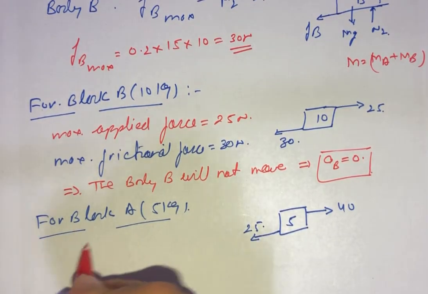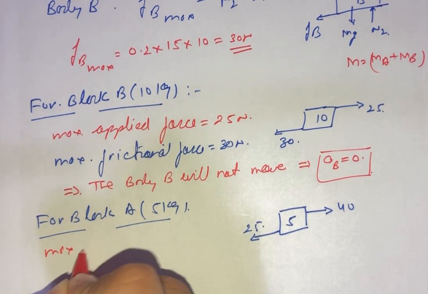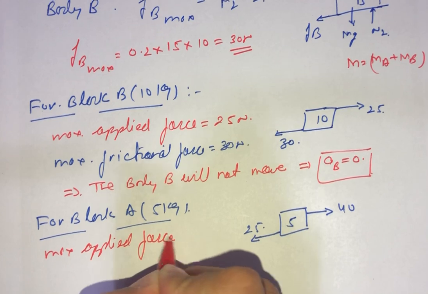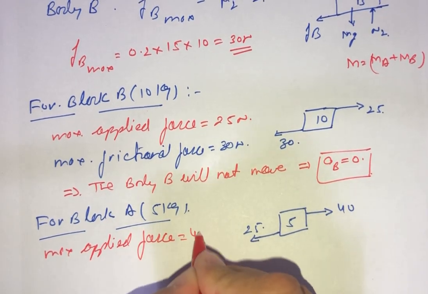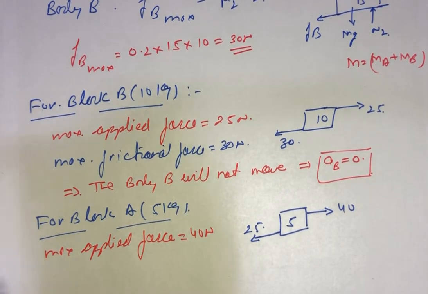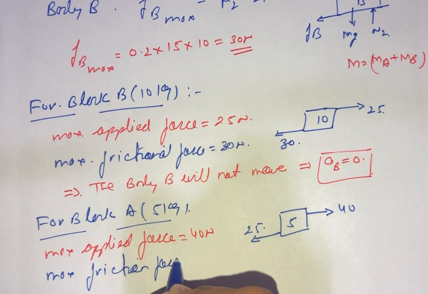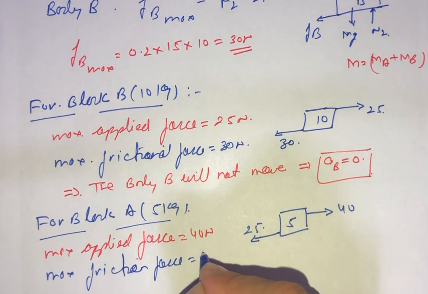So maximum applied force is equal to 40 Newton, and max frictional force is equal to 25 Newton.